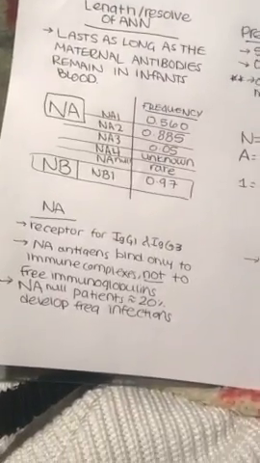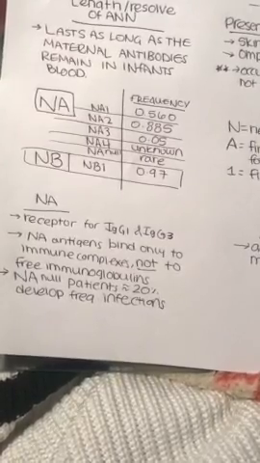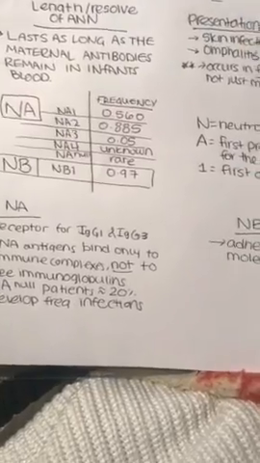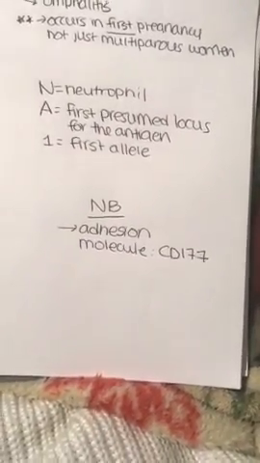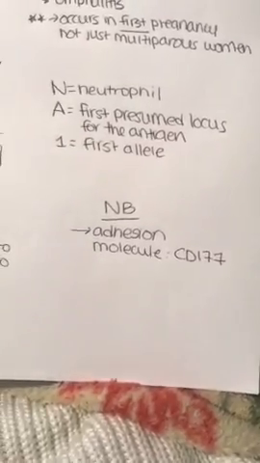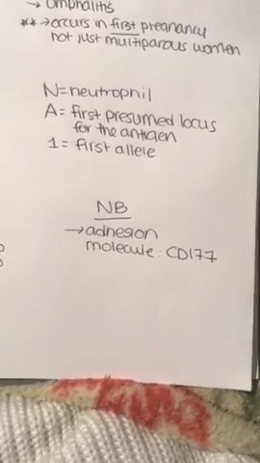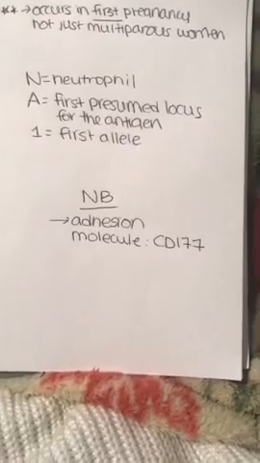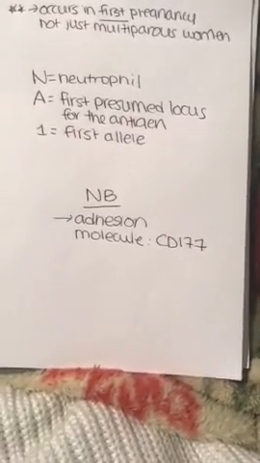The second part of the article really goes into the NA-NB system, so I'm going to talk about that. Just for key terminology, N equals neutrophil, A equals the first presumed locus for that antigen, so B will be the second presumed locus for the antigen, and then the number is the allele that it's found.